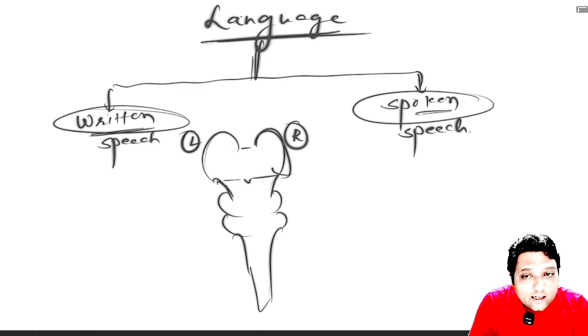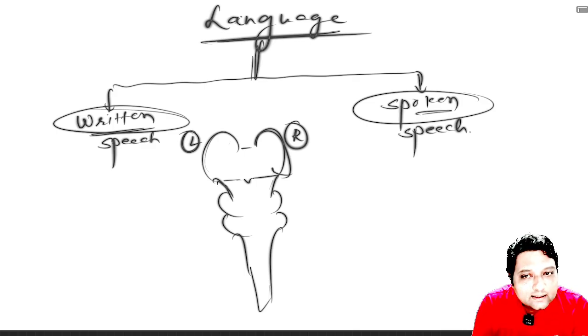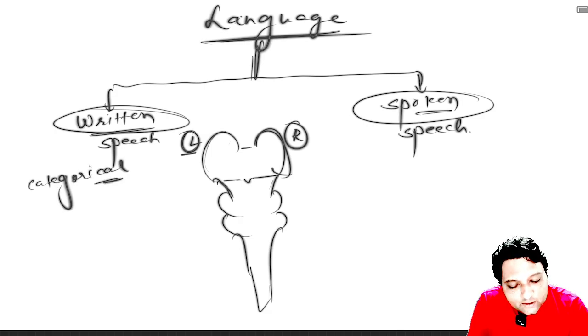In 80% of left-handed persons as well, the left hemisphere is dominant and the right is non-dominant. That's why the left hemisphere is also called the categorical hemisphere and the right hemisphere is called the representational hemisphere.